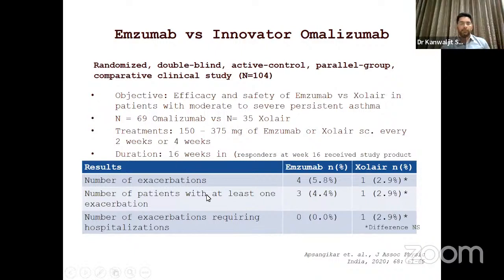The results were comparable: the number of exacerbations was 5.8% in Emzumab versus 2.9% in the Xolair group. The number of patients with at least one exacerbation was 4.4% in Emzumab and 2.29% in Xolair. And exacerbations requiring hospitalization were 0% in Emzumab versus 2.9% in the Xolair group.